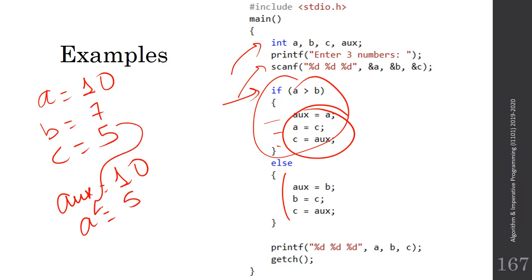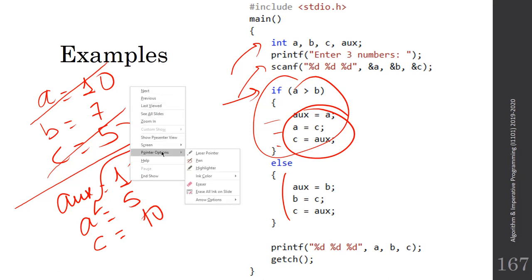So 5 will come here. And in c, I will put the value of the auxiliary, which is equal to 10. So at the end, I will have a equal to 5, b equal to 7, and c equal to 10. So I have ordered the values somehow.